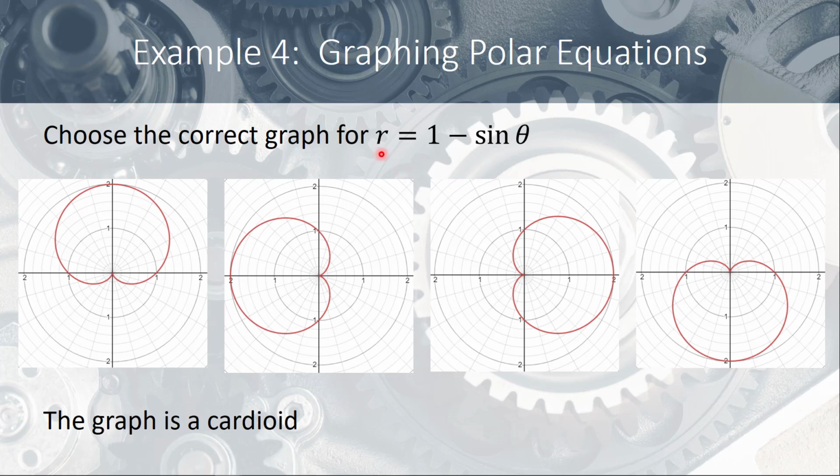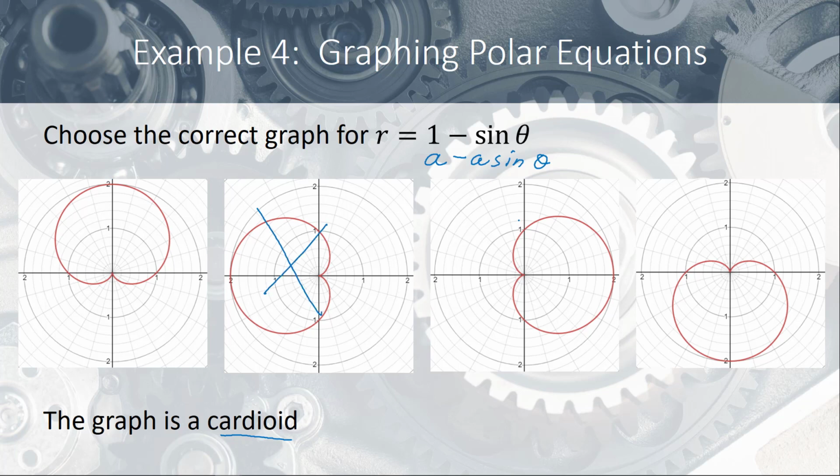The first one is r is equal to 1 minus sine theta. And if you notice, this actually has the form a minus a sine theta. That is the form of a cardioid. Not only that, since it is a sine, that is going to be a cardioid that goes up or down the y-axis, not the x-axis.